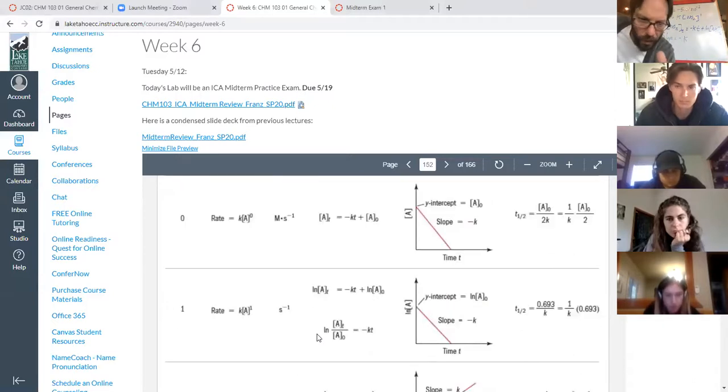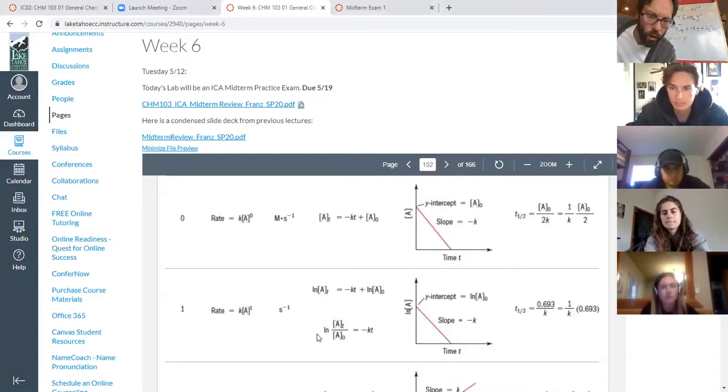But it must just be the way these equations are set up. To get k by itself, you're going to cancel out the molarity for a first order, where it doesn't cancel out in a zero order. And then on the second order, you're dividing by it, and that's why it's M to the negative 1.